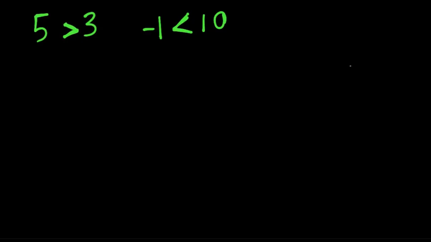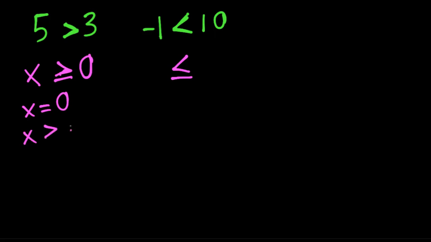And there are two other signs that show up often that you should be very comfortable with. Those are the greater than or equal to sign and the less than or equal to sign, which basically means that, for example, x is greater than or equal to 0 means that x can be 0 or it can be anything greater than 0.